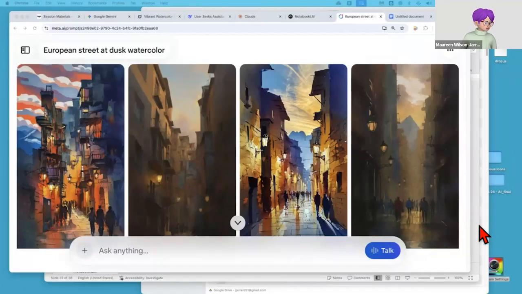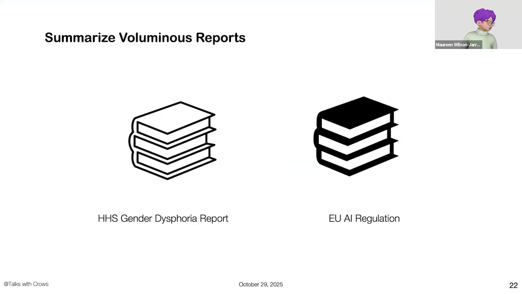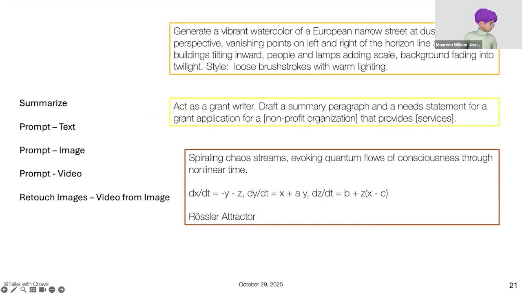Okay, let's see if I can do this without too many mistakes. We just went through some of this. We're getting towards the latter part of the presentation, so I'm going to skip the bottom part, the Rossler attractor.